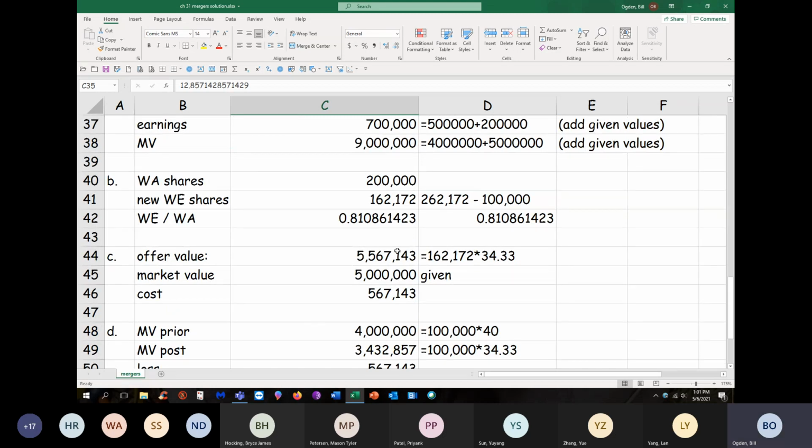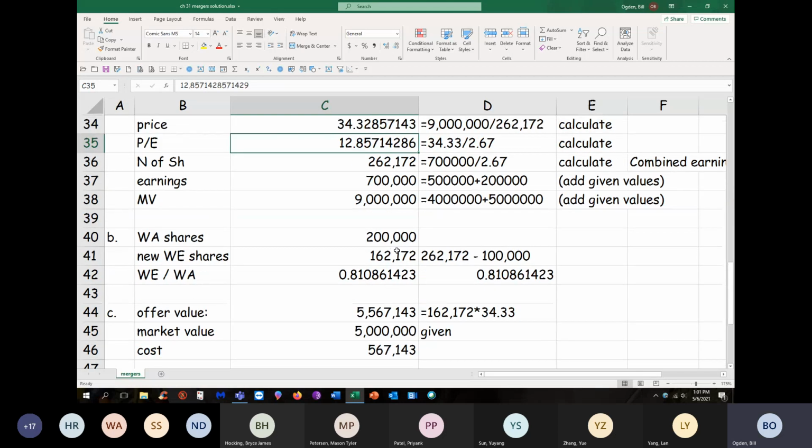Well, the WE company, that would be the acquiring firm, will increase their shares to 262,172. They originally had shares of 100,000. They'll offer 162,172 to the WA. So the exchange ratio is basically 0.81 shares of WE for each share of WA.